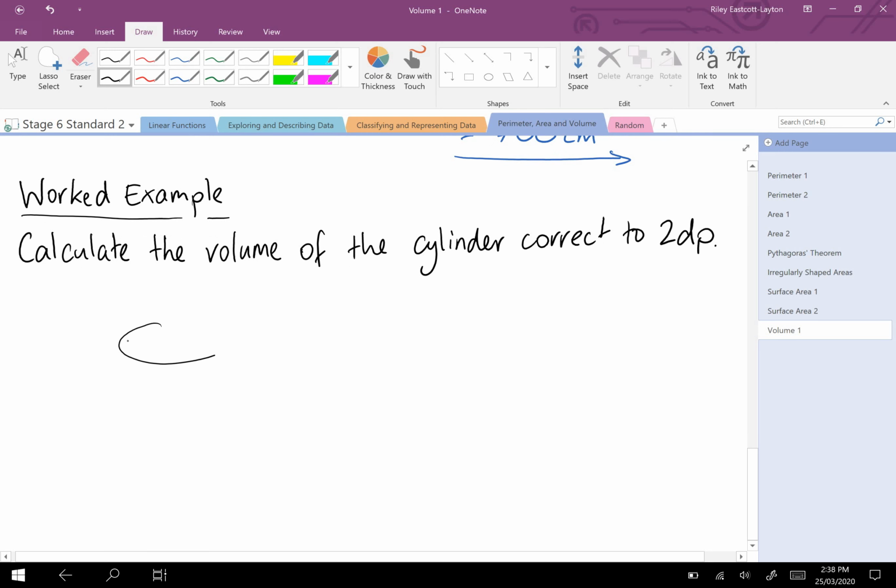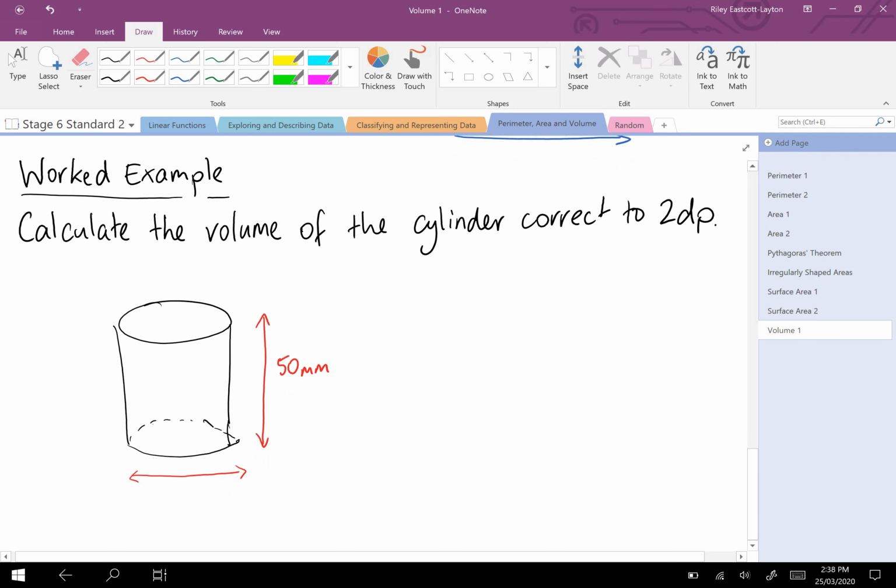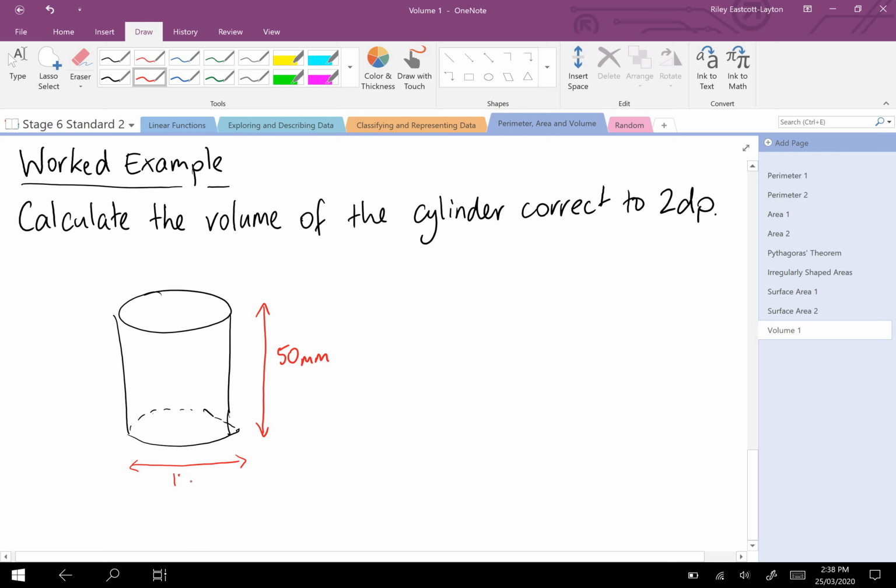So here's our cylinder. Our cylinder has measurements of 50 millimeters high, and we'll say it has a diameter of 17 millimeters for the base.